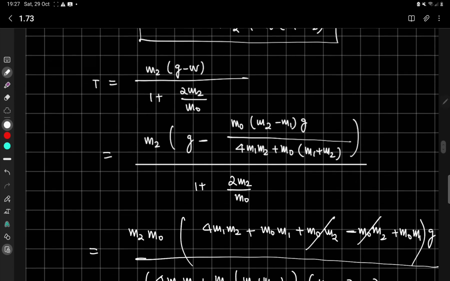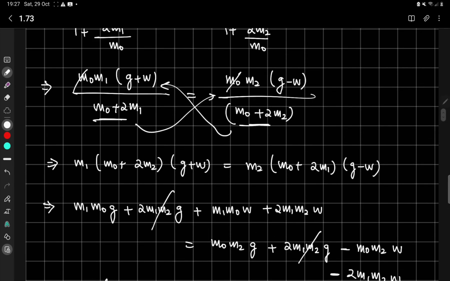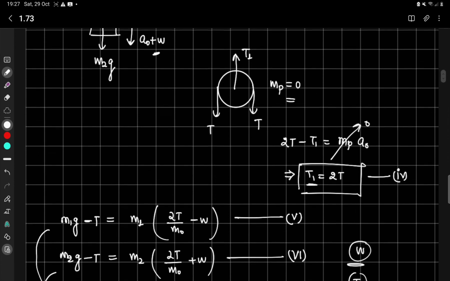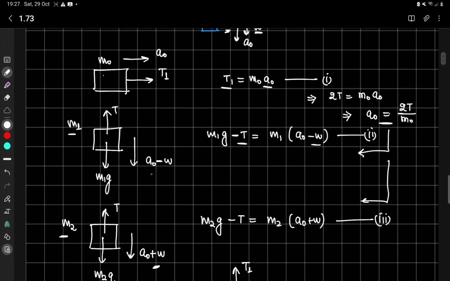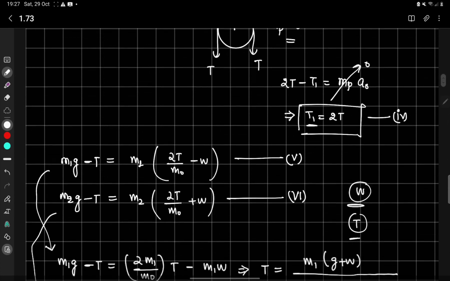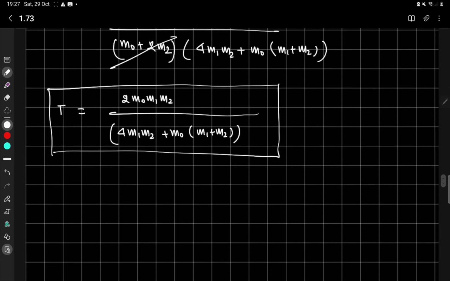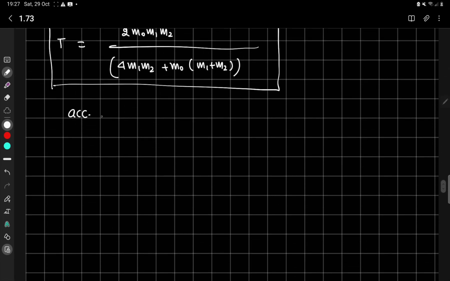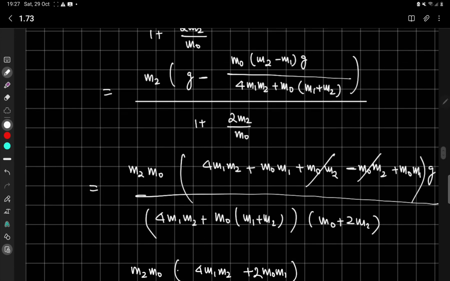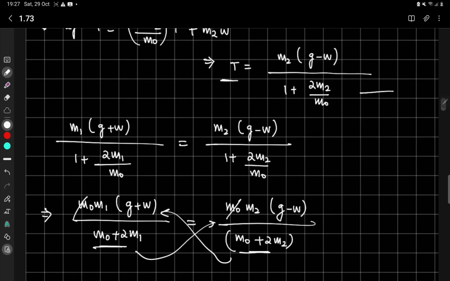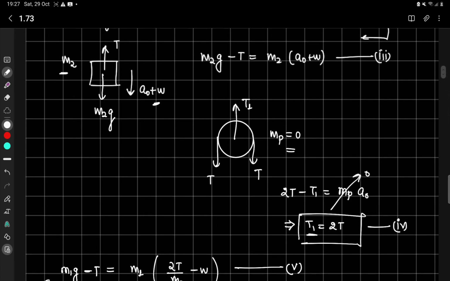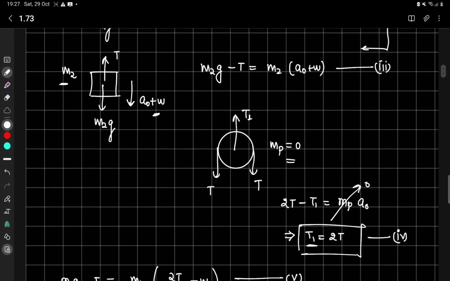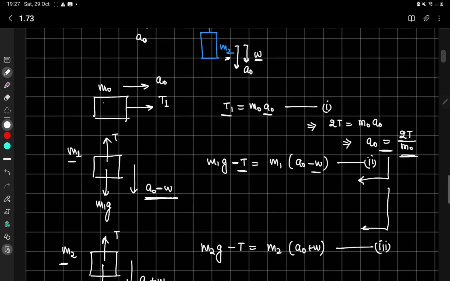Now we need to obtain the acceleration of mass m1, that we know is nothing but a naught minus w. So we can write acceleration of mass m1 is equal to a naught minus w. So that is equal to a naught that we have obtained here, that is equal to 2t upon m naught.